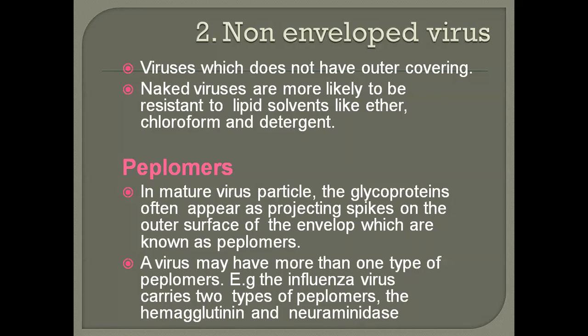Spikes means rod-shaped antennas around the capsid. Those are the spikes of their envelope. Those spikes are called peplomers. Understood?